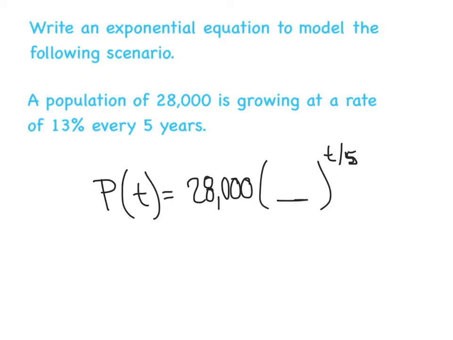Now the kicker is, what do I put here for b? Well, I know in this case, since we're growing, b again is equal to 1 plus r. And so I'm thinking that b is going to be 1 plus 0.13. Again, in this case, I can move the decimal back to the left, and that means b is 1.13, and that's all I have to do.